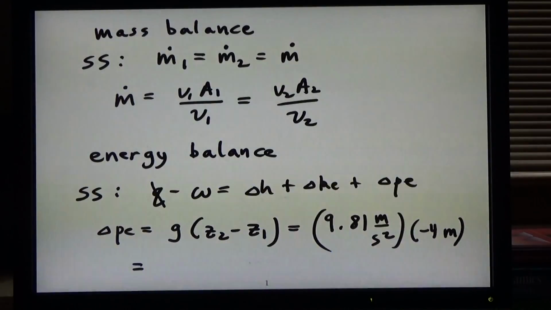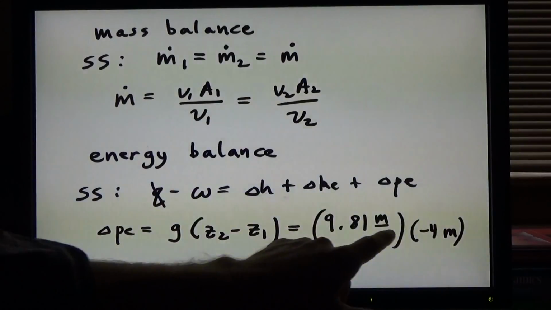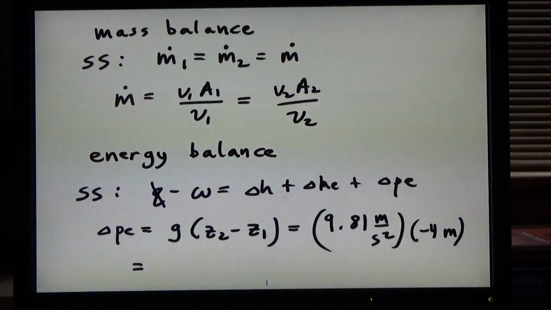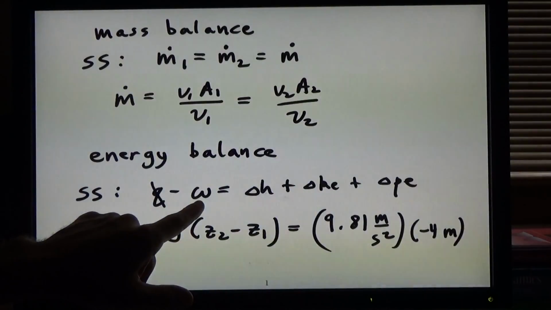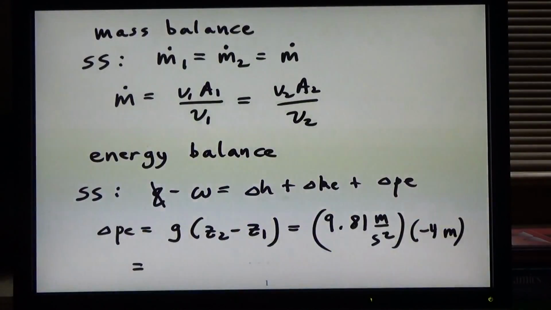We looked at how to convert meters squared per second squared to kilojoule per kilogram in the last problem whenever we were solving for the diffuser. Anytime we have meters squared per second squared, we need to convert that to kilojoule per kilogram. All of the things like work per unit mass and delta H have units of kilojoule per kilogram, so we need to make sure that our units are correct. In order to convert meters squared per second squared to kilojoule per kilogram, we'll have to multiply by a conversion factor.